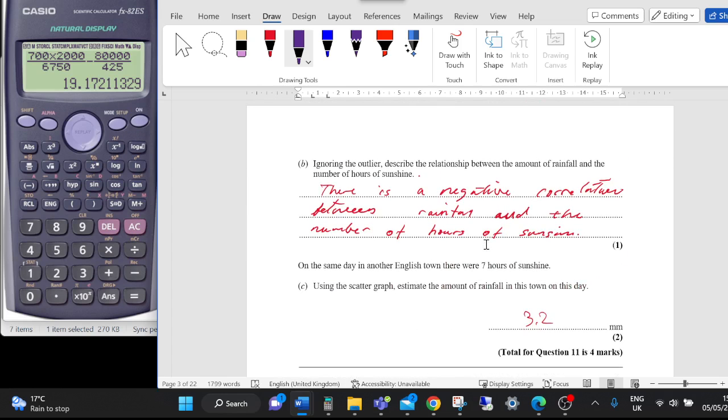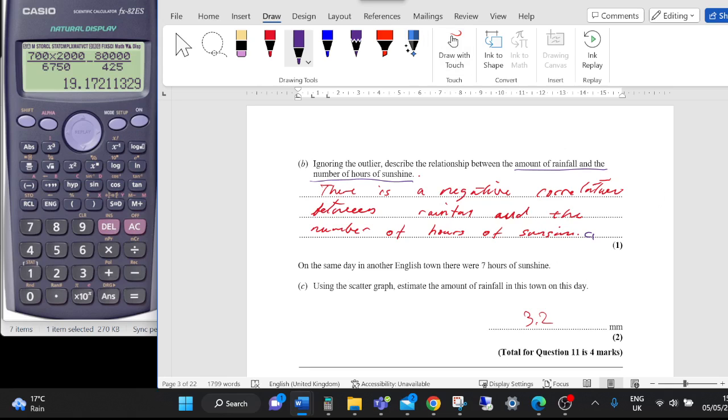So in effect, that's absolutely fine. And I didn't say it at the time, but whenever I have to answer a question like this in terms of words, I will very often refer to the question and stick that at the end of my statement. So I've said there is a negative correlation between the amount of rainfall and the number of hours of sunshine. So I use the question to help me answer it.